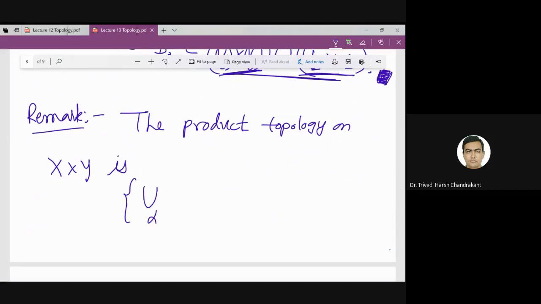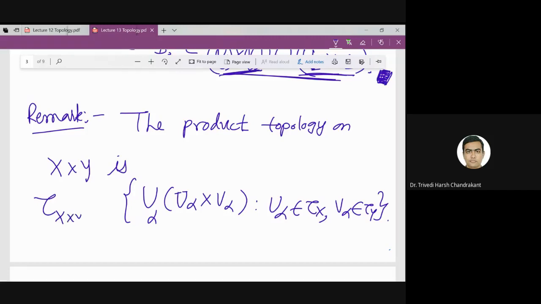So union over alpha of U alpha cross V alpha, where U alpha is an element of tau x, V alpha is an element of tau y. So this is exactly the topology on x cross y, the product topology.